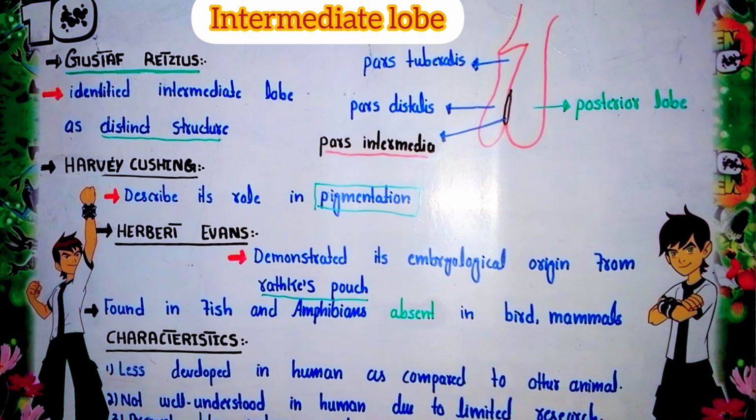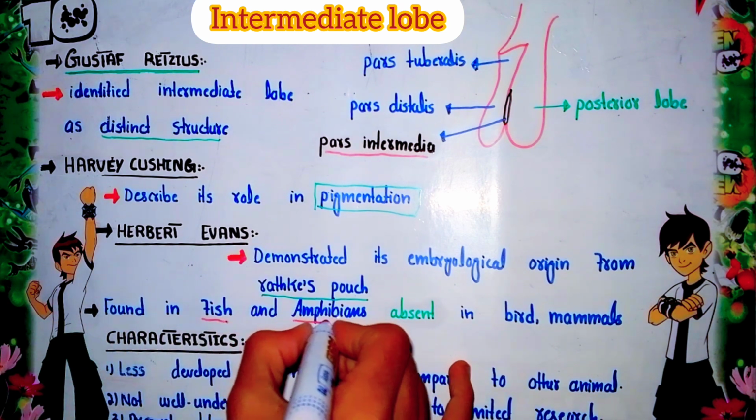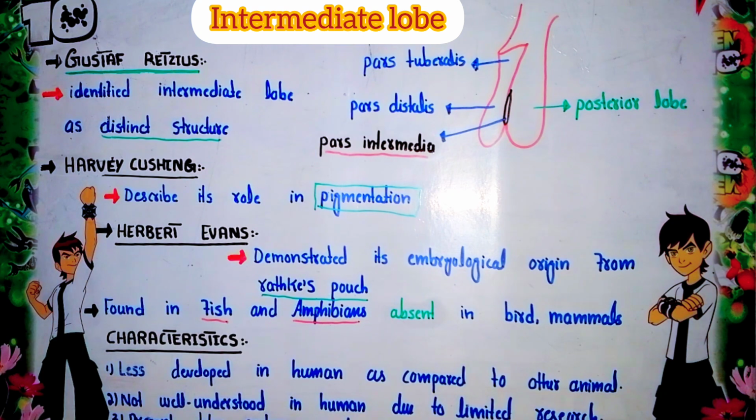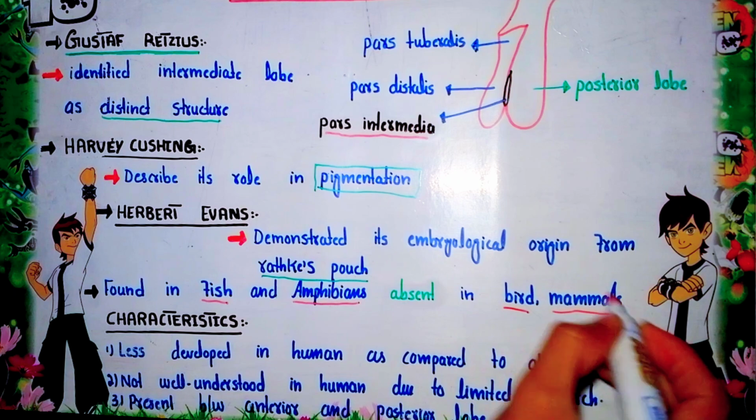This intermediate lobe is more developed in fishes and amphibians, but absent in birds and mammals.